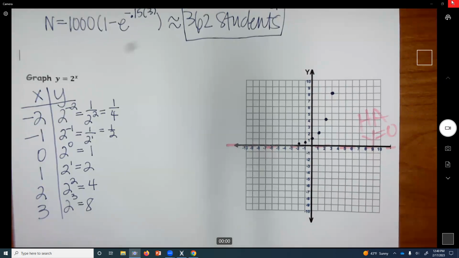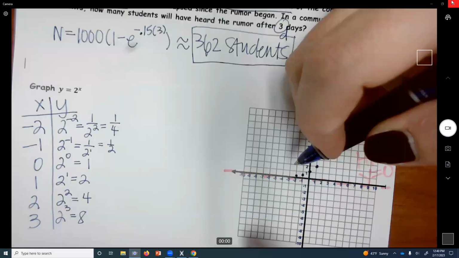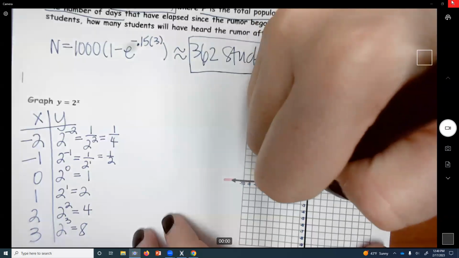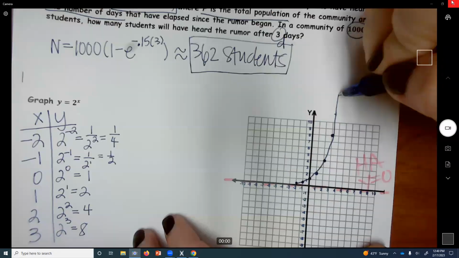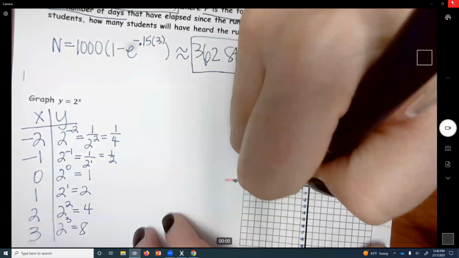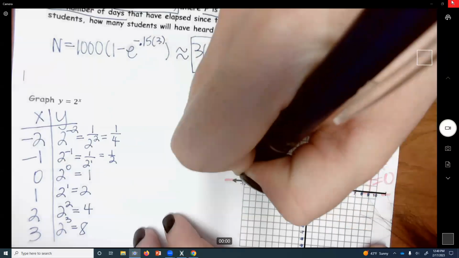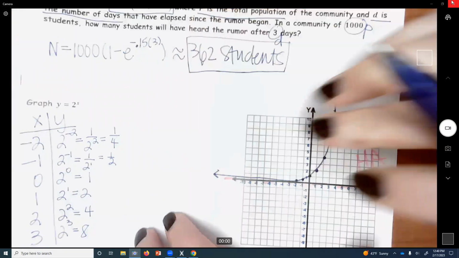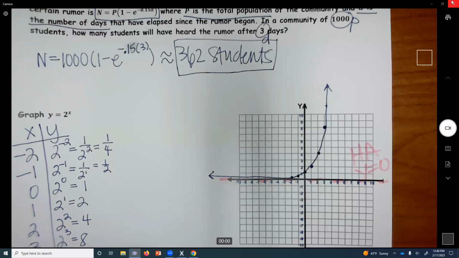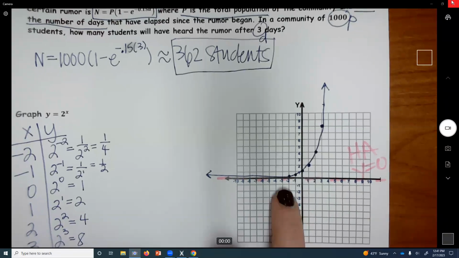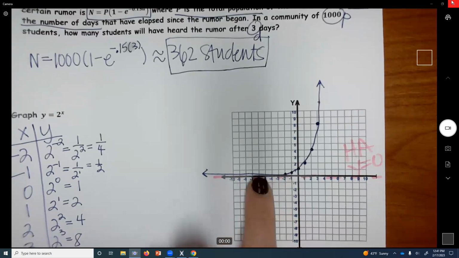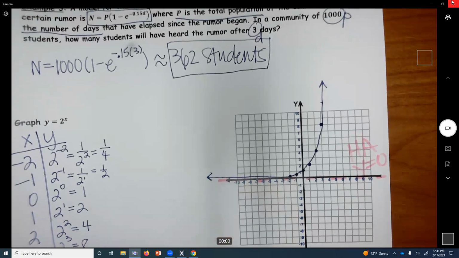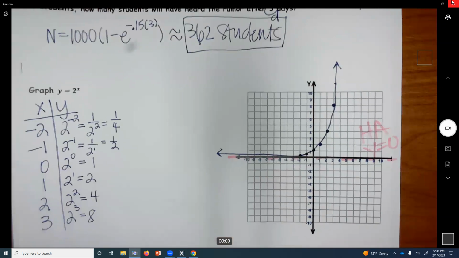So when I make my graph here, I don't want to cross that x-axis. And there is my exponential. Now you can see my line technically goes up, right? But it's actually getting closer and closer to that line forever.